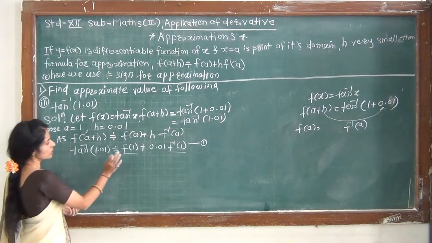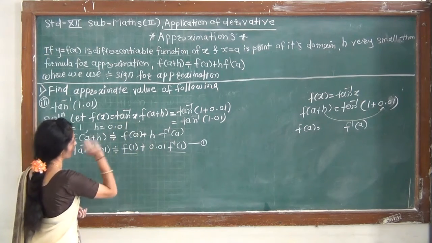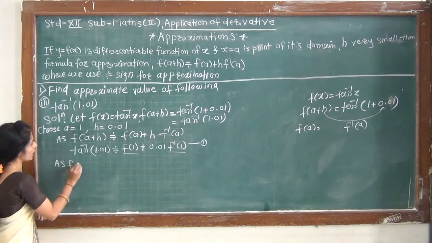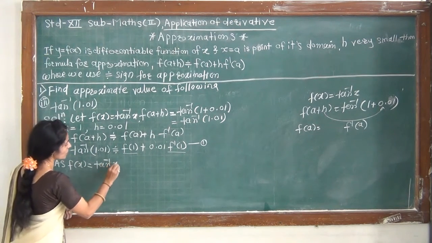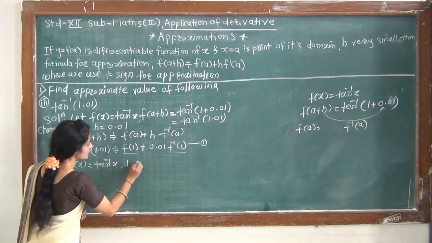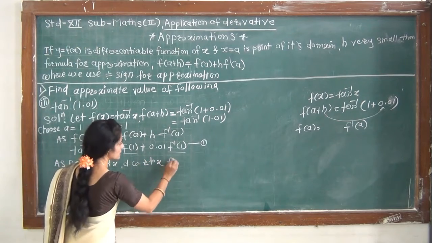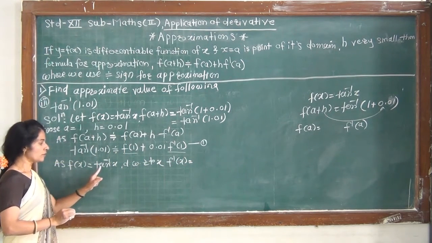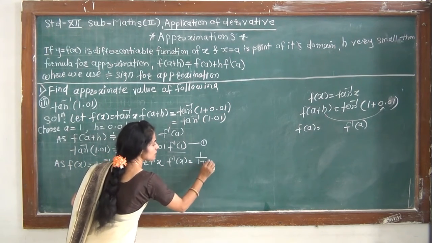We first take the function f of x and differentiate it to get f dash of x. As we know, f of x is nothing but tan inverse of x. So differentiating this with respect to x, what do we get? We get f dash of x, and the derivative of tan inverse of x is nothing but 1 divided by 1 plus x square.